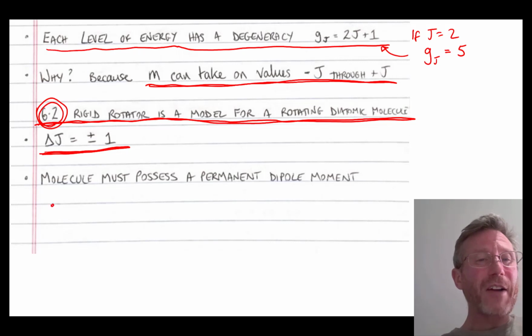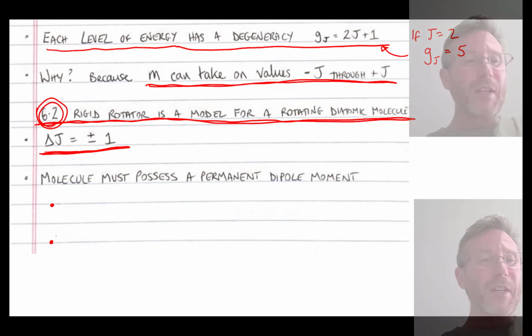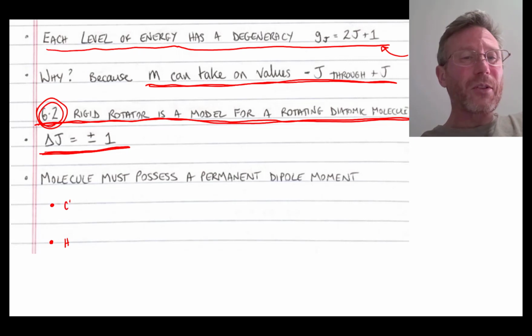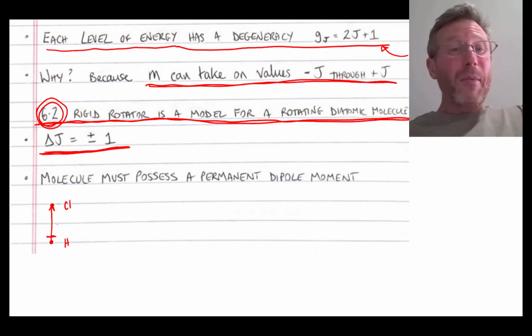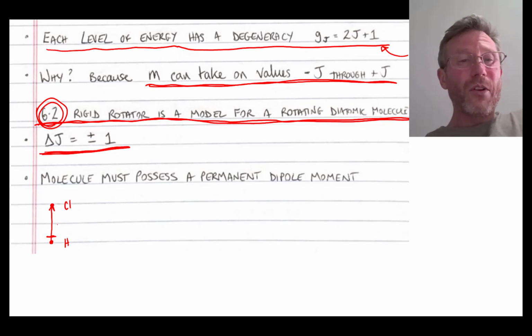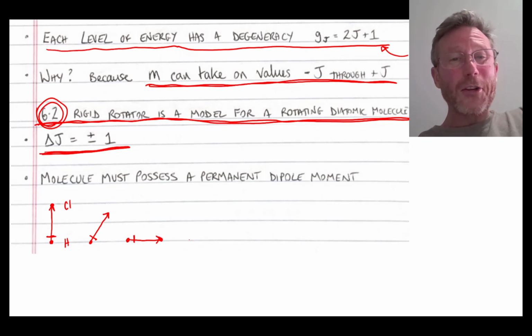So, for example, if we have a hydrogen chloride molecule, so let's suppose we have the hydrogen at the bottom and the chlorine at the top, we would have a dipole moment that, again, we put the plus at the bottom in here. That dipole moment points vertically towards the north. So what happens now is if we think about how that molecule might rotate, so here's our rotating molecule, the dipole moment is permanent, and then we continue to rotate further, and so on and so forth.